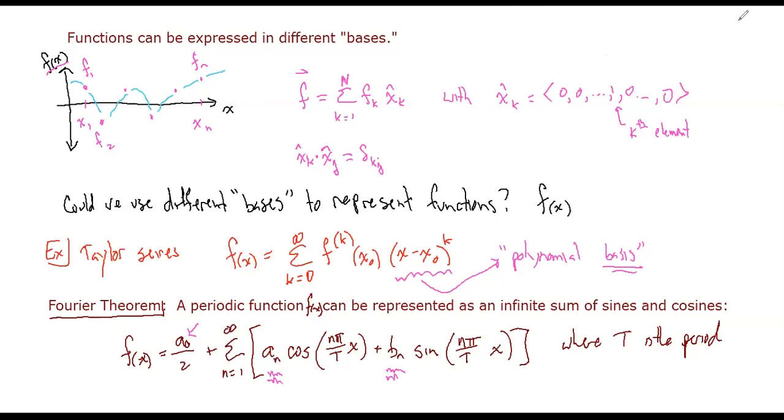Okay, so where do these a's and b's come from? In some sense, we're really extending this vector analogy.